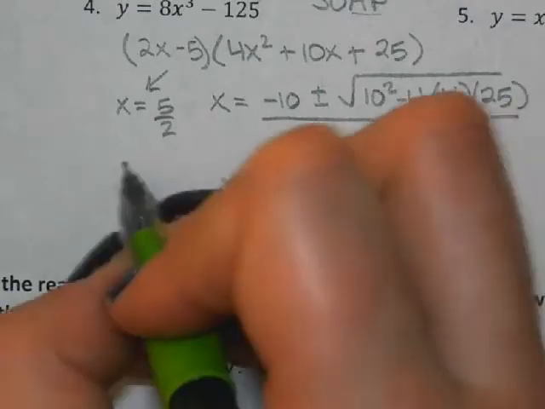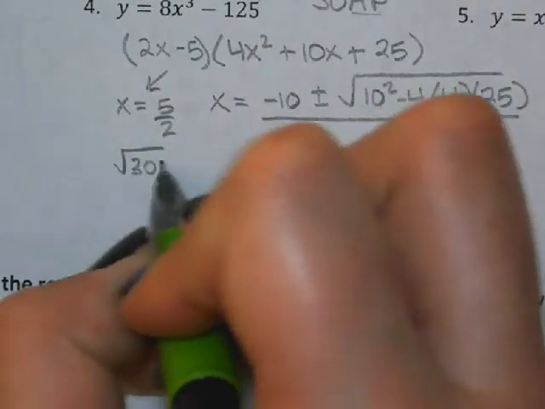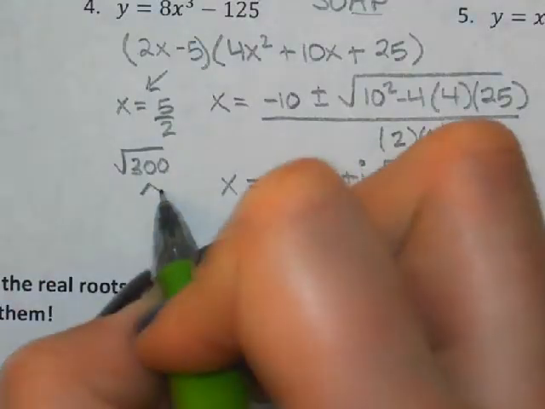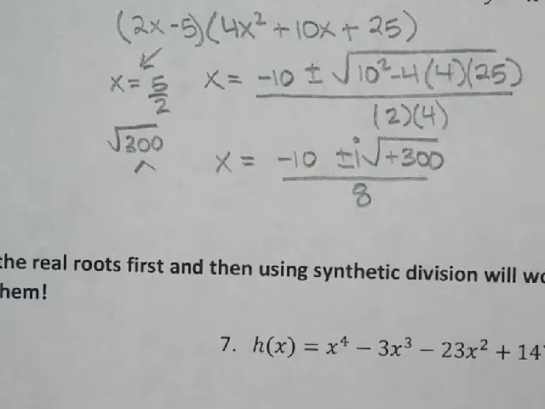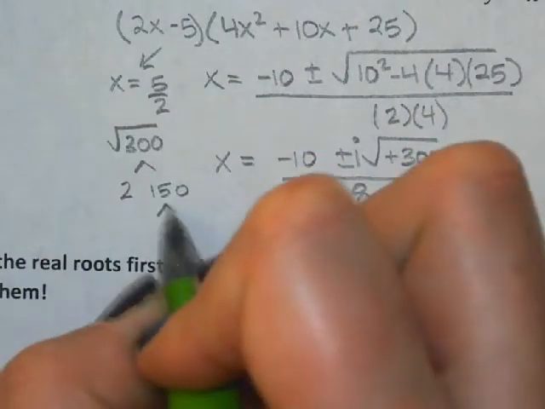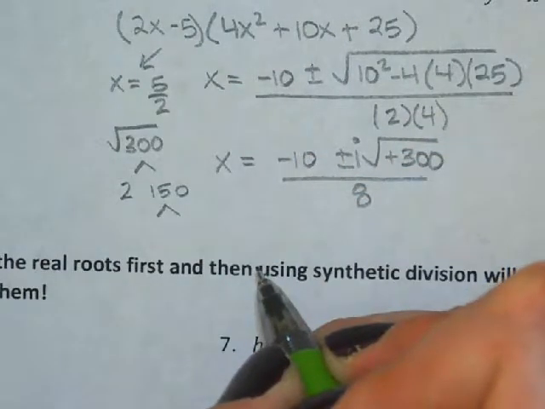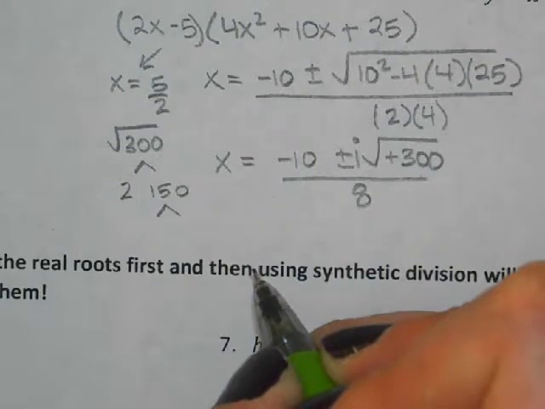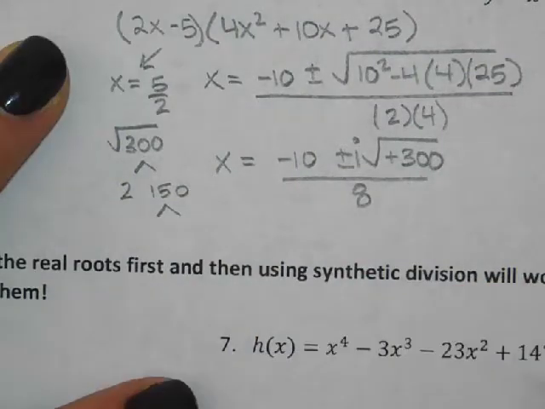And then with that 300, I have to do a little factor tree. Anybody? You could do 2 times 150. Do we want to do 3 times 100?